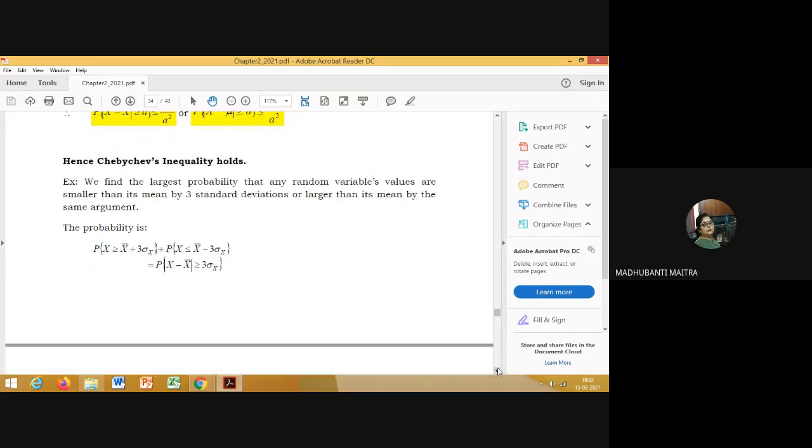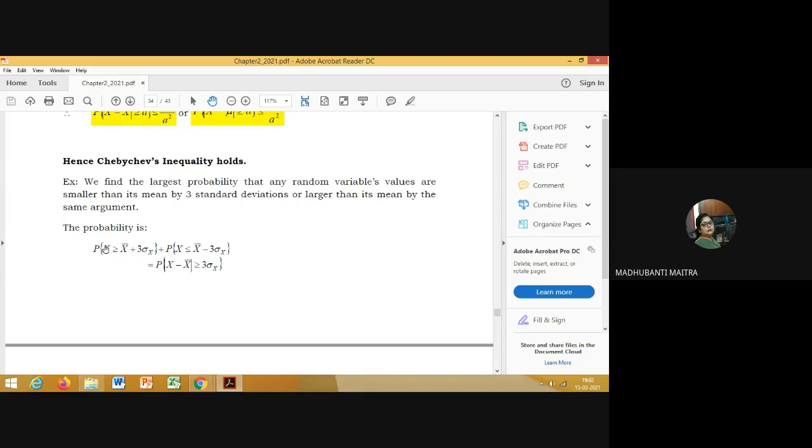So let's consider one example. We find the largest probability that any random variable's values are smaller than its mean by 3 standard deviations or larger than its mean by the same argument, right? So this problem can be posed like this.